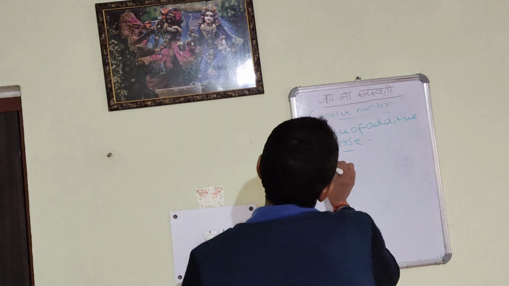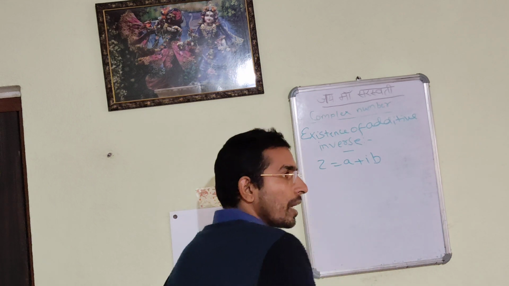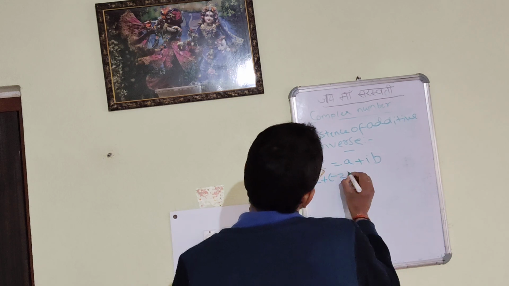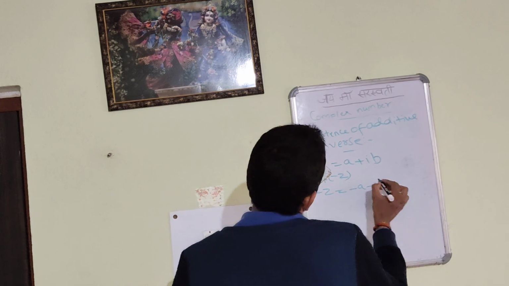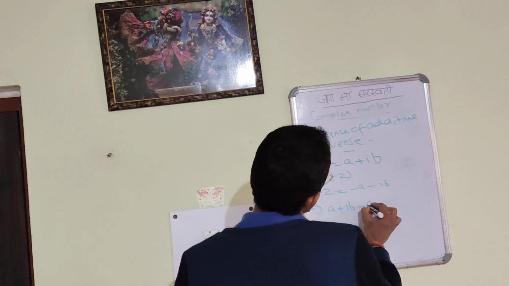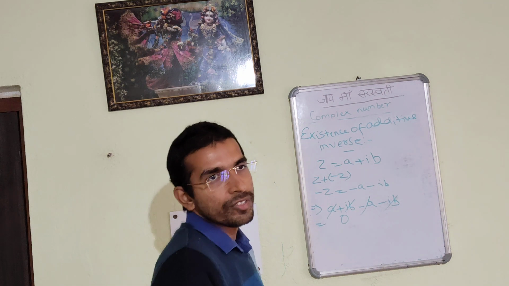Suppose z is equal to a plus ib. Now, if we are adding z plus minus z, so minus z will be equal to minus a minus ib. Now, if we are adding a plus ib minus a minus ib, finally we are obtaining the number as 0.